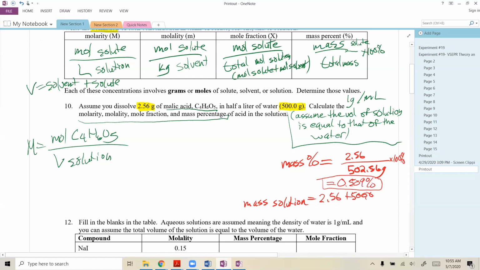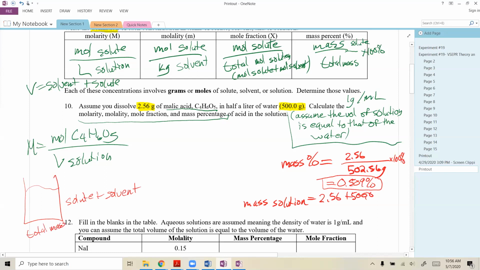And how we got this bottom one, this 502.56, is that if we have a solution, that solution is going to be made up of 2 things. It's going to be made up of what we dissolved in there, the solute, and the other part that's doing the dissolving, the solvent. So the total mass of that solution is going to be equal to those 2 parts.